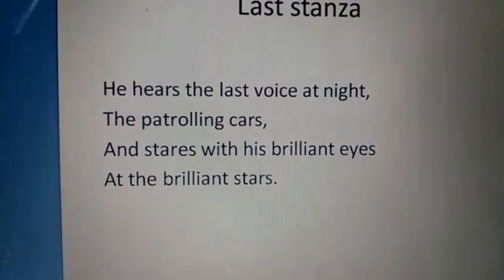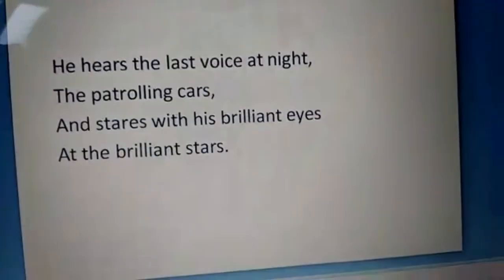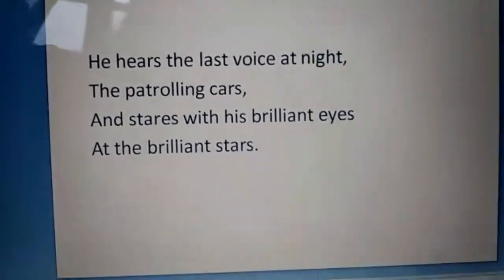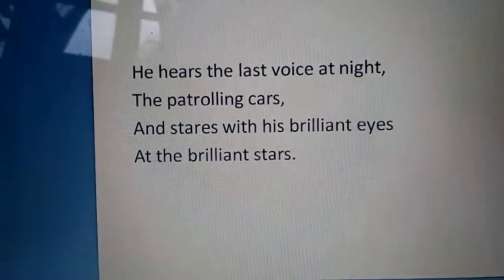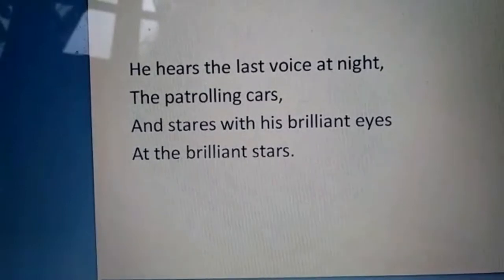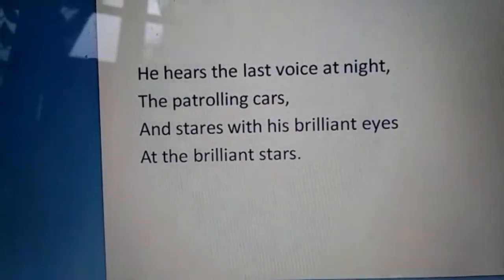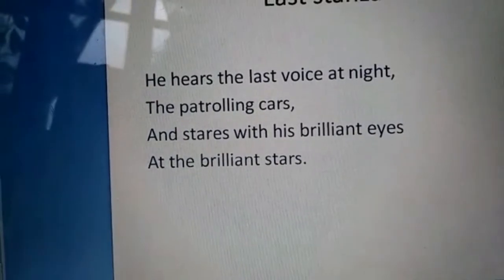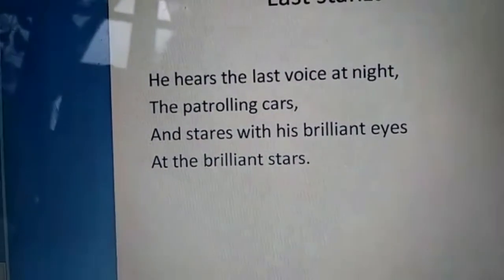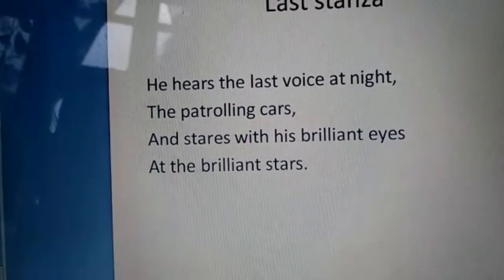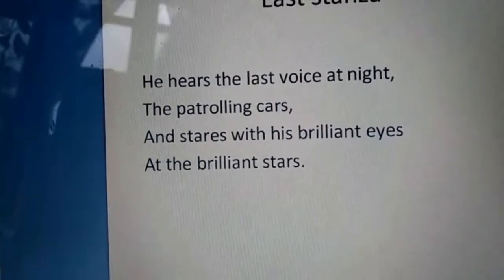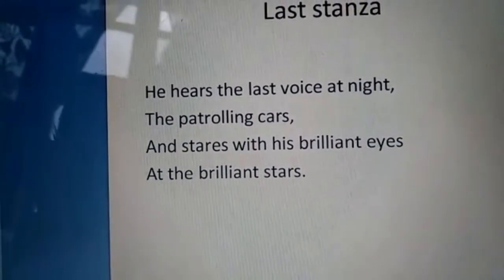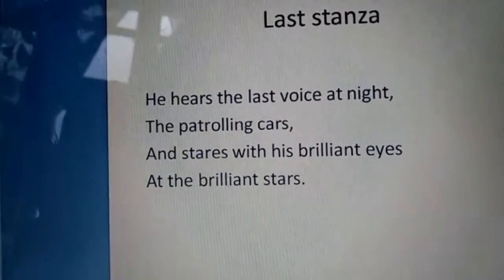So, these are the different stanzas which give you the picture of a tiger in a cage. We have seen at a glance the images befitting a tiger, and images that do not befit a tiger.